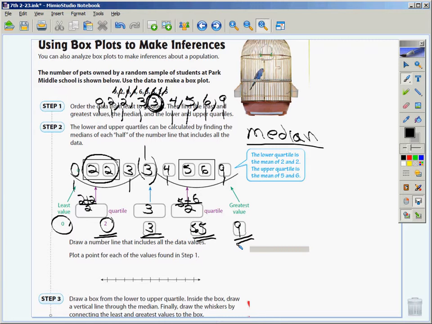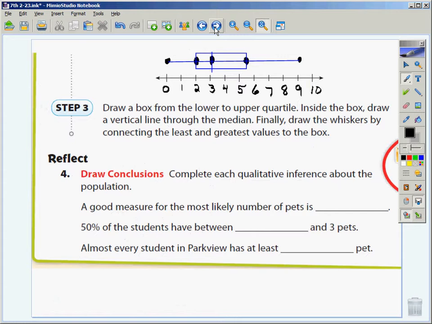Okay? So at each one of these values, 0, 2, 3, 5.5, and 9, I'm going to put a dot at 0, 1 at 2, 1 at 3, 5.5 is going to be between 5 and 6, and 1 at 9. And I'm going to connect all of those dots with a what? With a line.